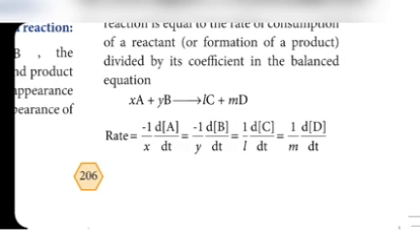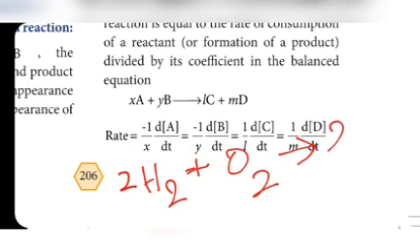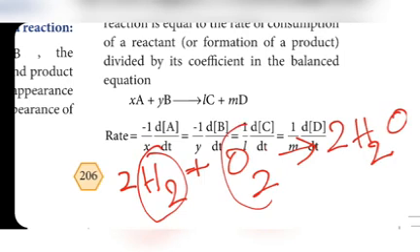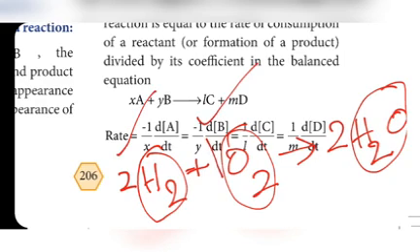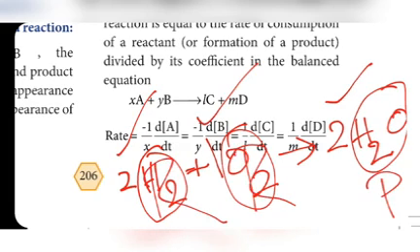See one example. 2H2 plus O2 gives 2H2O. Here H2, O2 both are reactant, H2O product. 2 moles of hydrogen and 1 mole of oxygen both are reactant means 2 moles of water is formed. So this is reactant and this is product.